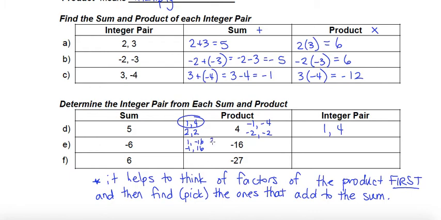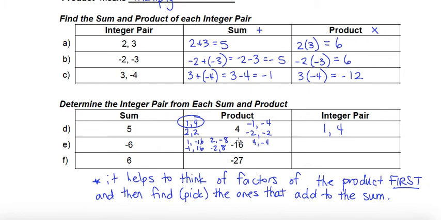We could have 2 and negative 8, or we could have negative 2 and positive 8, or we could have 4 and negative 4. So those are the only products that will multiply to give us negative 16. So one of our terms is positive, one of our terms is negative.